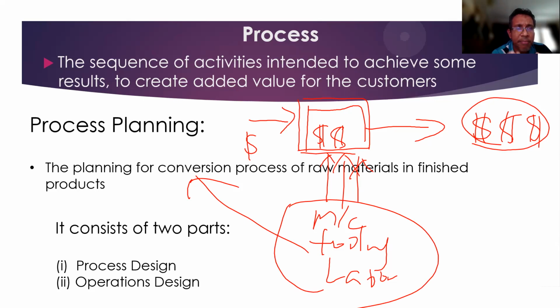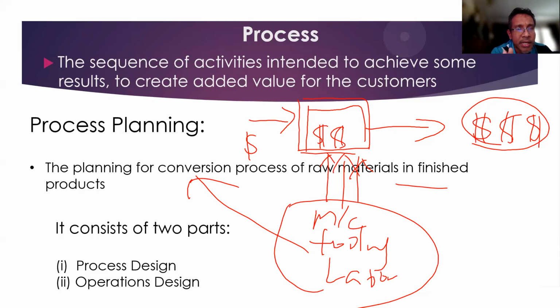That process we need to plan, to make sure we can get the finished product from the material. And then the process consists of two parts: a process design and an operation design.